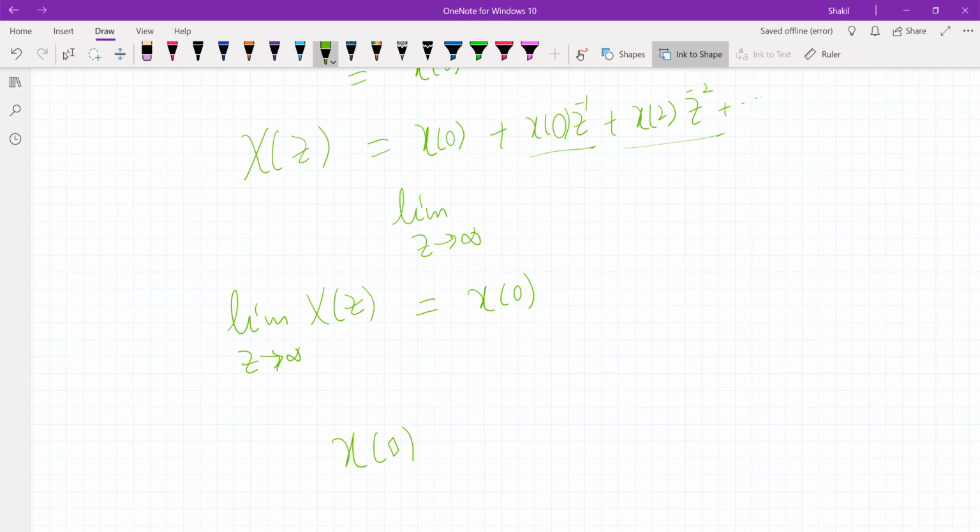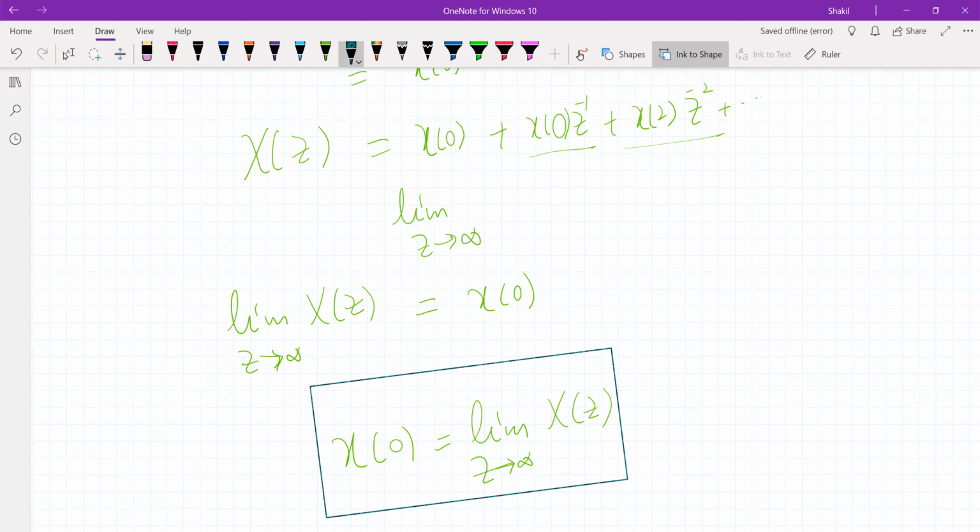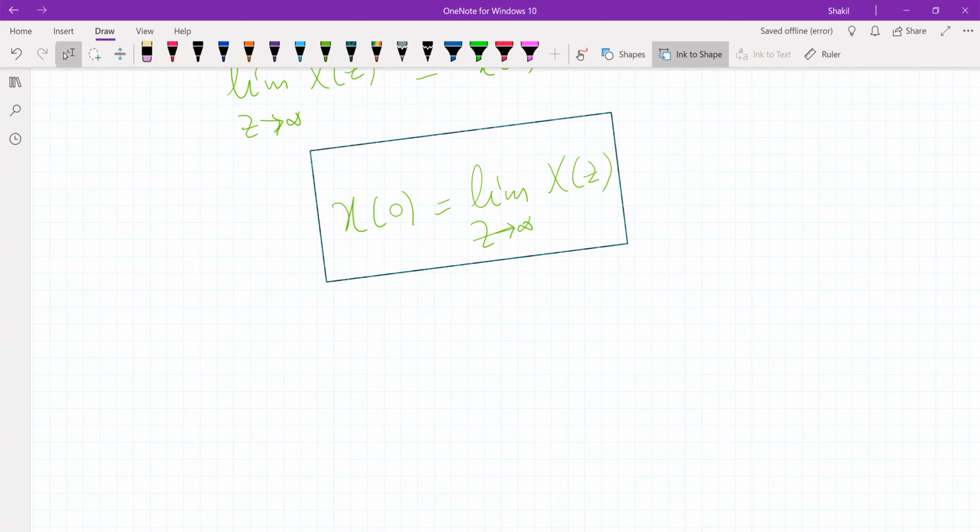So x of 0 is equal to the limit as z tends to infinity of X of z.